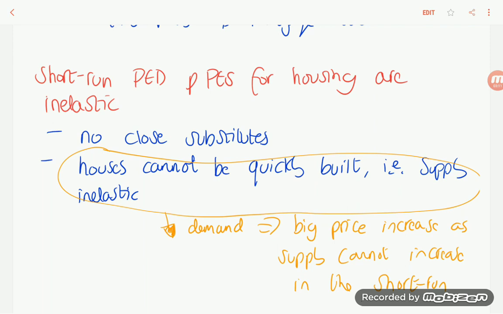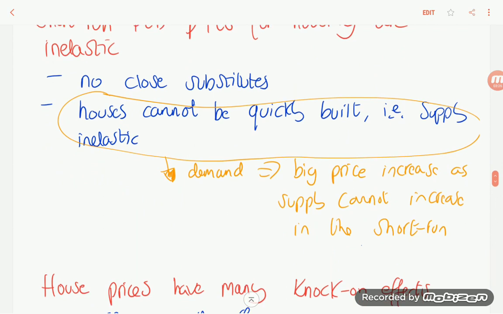The supply of houses can't be quickly increased because it takes time to build new houses. Supply can also be restricted by the availability of building materials, construction workers and suitable land, and by government regulations. Because supply can't increase much in the short run, an increase in demand can make prices rise sharply.